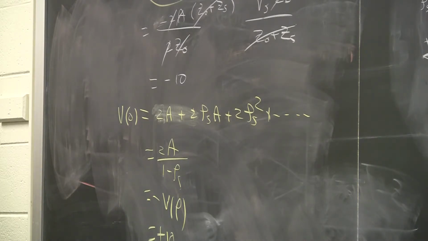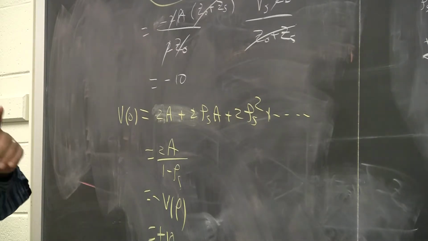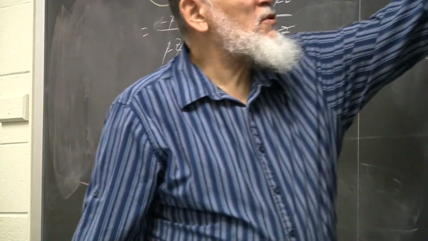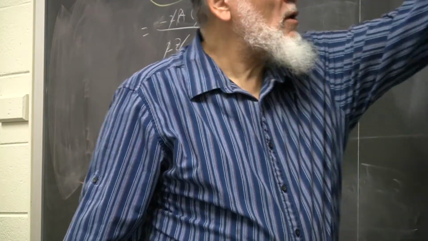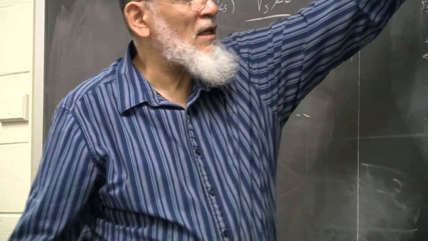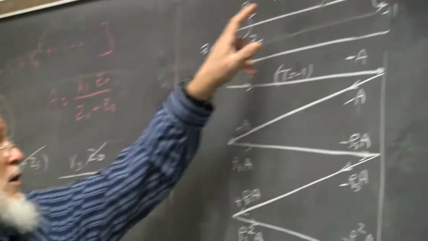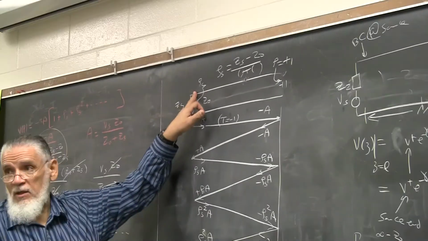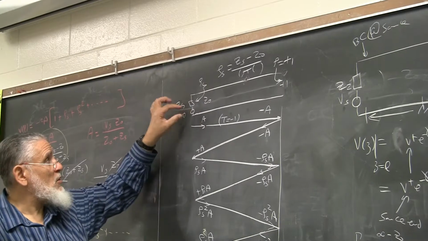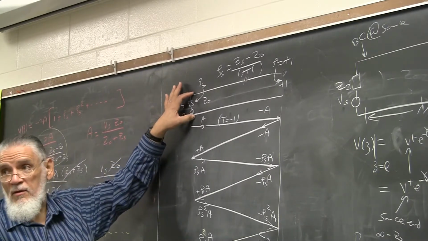Now, if you wanted to use the logic and the shortcuts, you could have said the following. An open circuit here is going to reflect an open circuit there because it's a lambda by 2 line. Open circuit here means the current is 0 here. And if the current is 0 here, it means this voltage 10 is going to appear there.